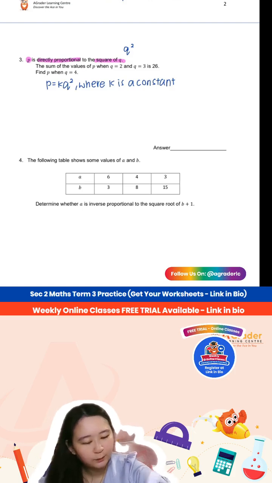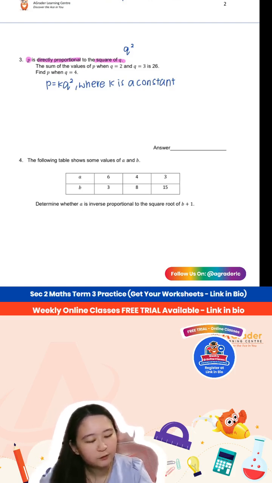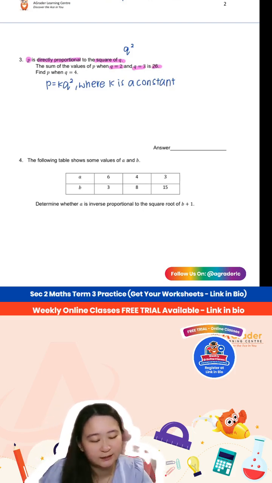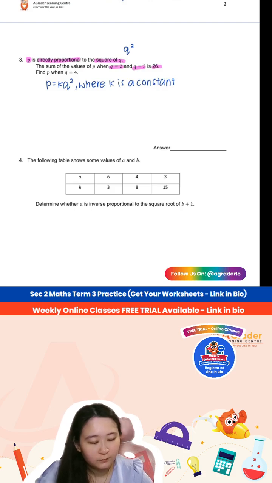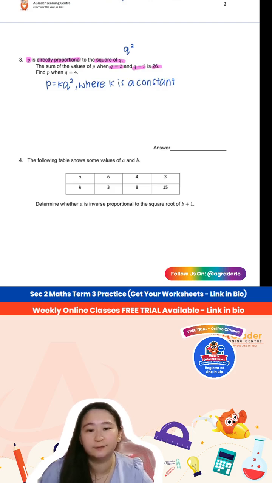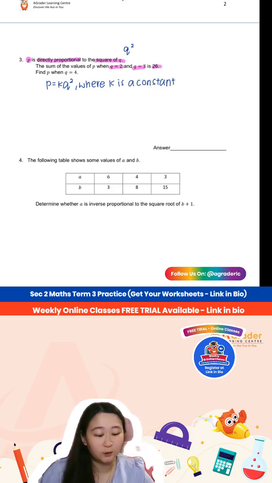So they tell you that the sum of values of P when Q equals 2 and Q equals 3 is 26. Find P when Q equals 4. So make use of the information given to always find the constant first, because we need the equation before we can find the unknown value of P when Q is 4.